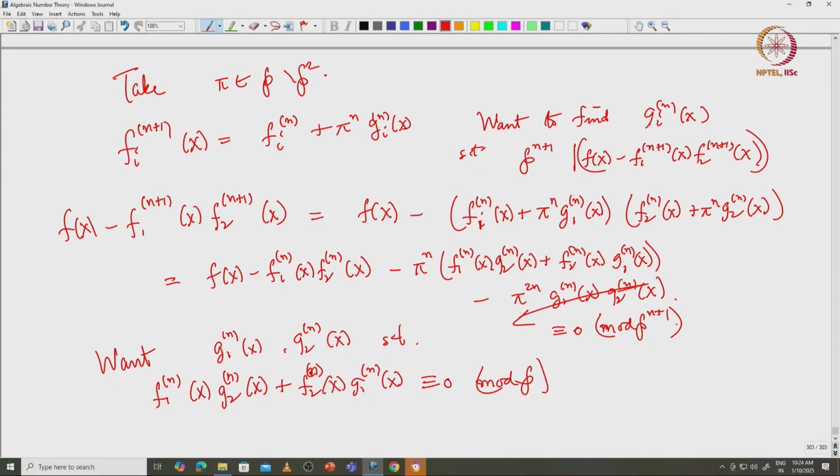But what is f1 and f2 modulo p? This is just phi 1 of x g2 n x plus phi 2 of x g1 n x is congruent to 0 mod p.